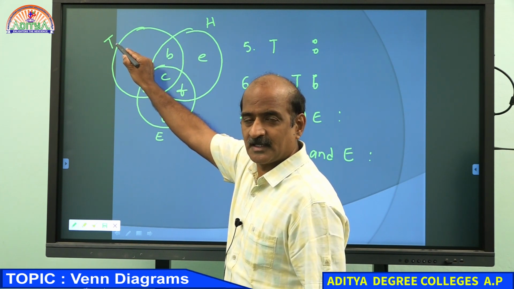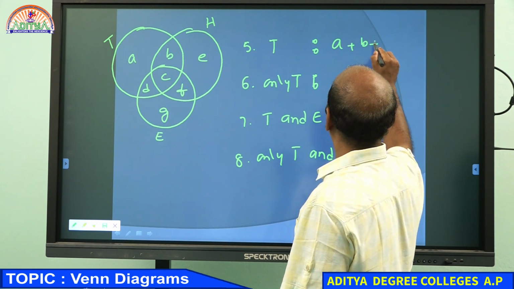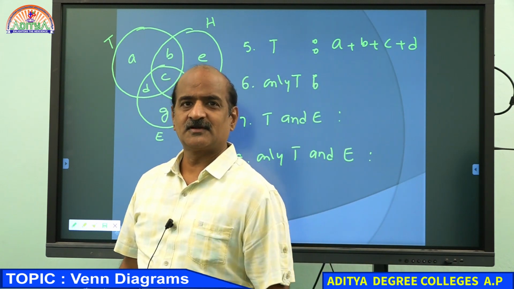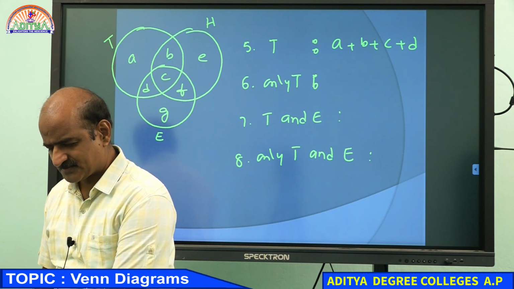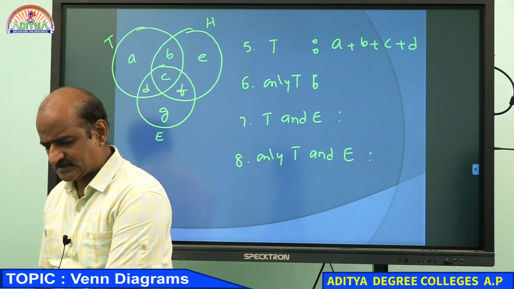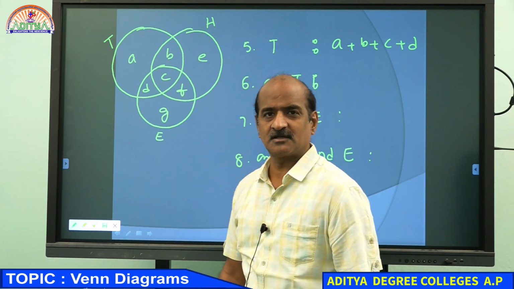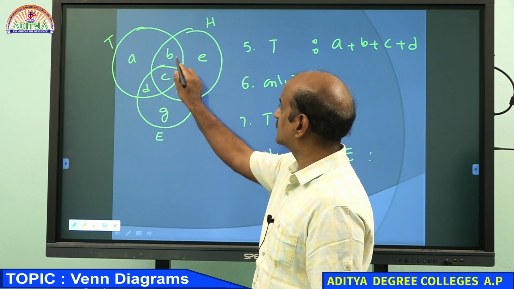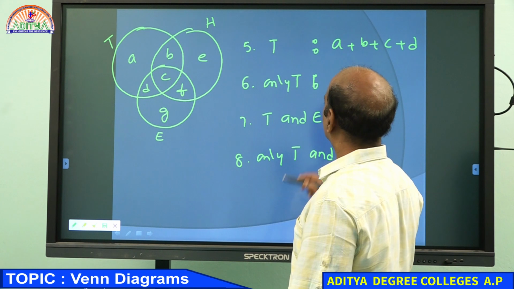So for question number 5, your answer must be A plus B plus C plus D. But when I said only Telugu, you have to take only A. You should not take the remaining 3 because this is only Telugu.